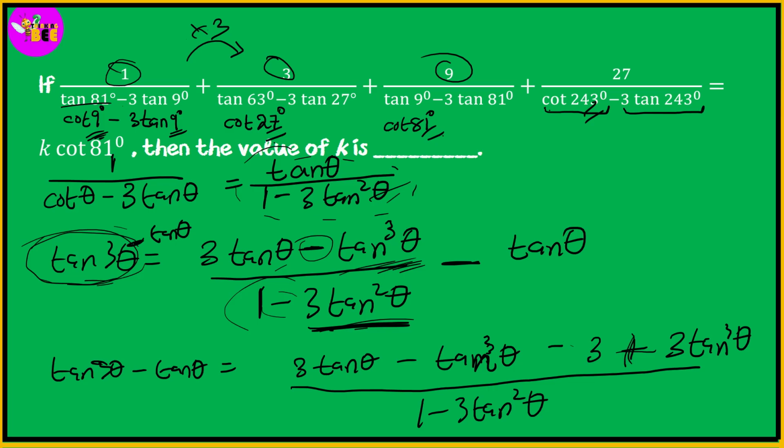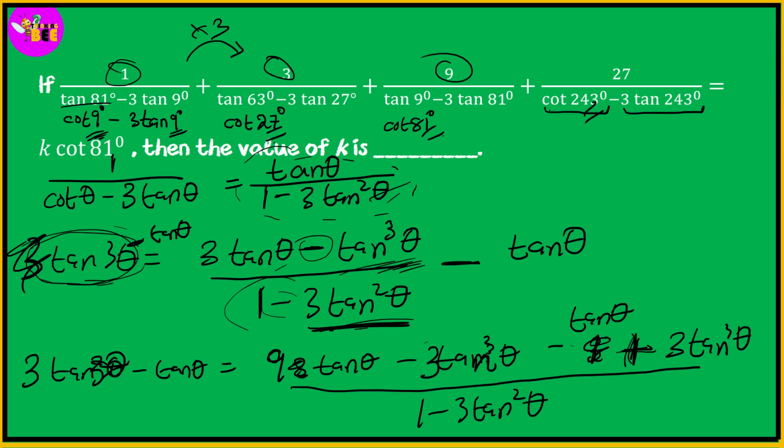So, to cancel out, we need to make this tan cube theta into 3. That means multiplying 3 with tan 3 theta. Now, doing that, we will get 9 tan theta minus 3 tan cube theta minus tan theta plus 3 tan cube theta divided by 1 minus 3 tan square theta.